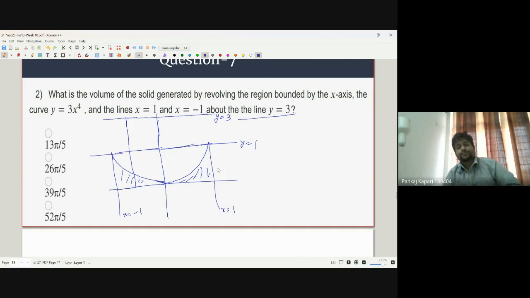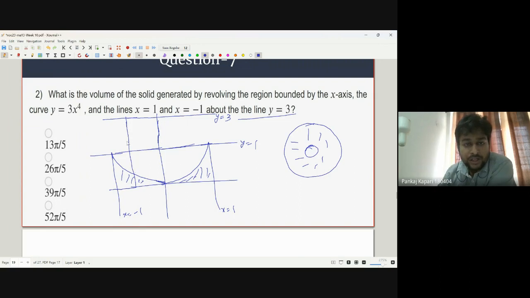Now you'll have a hollow disk like this, and for this disk, this will be the outer radius and this is the inner radius. So what is the inner radius? This much distance is the inner radius. Let's write r of x as a function, and this is the outer radius. Let's write capital R of x.